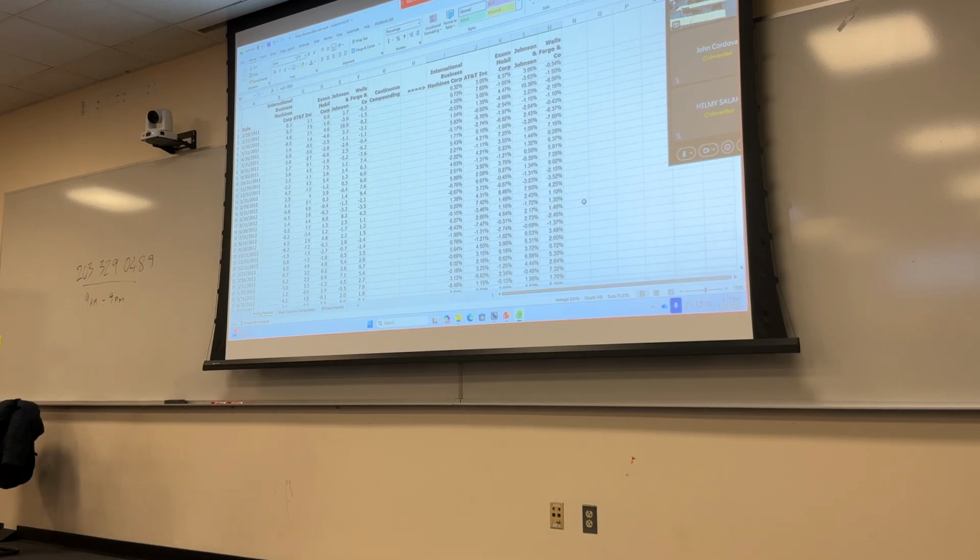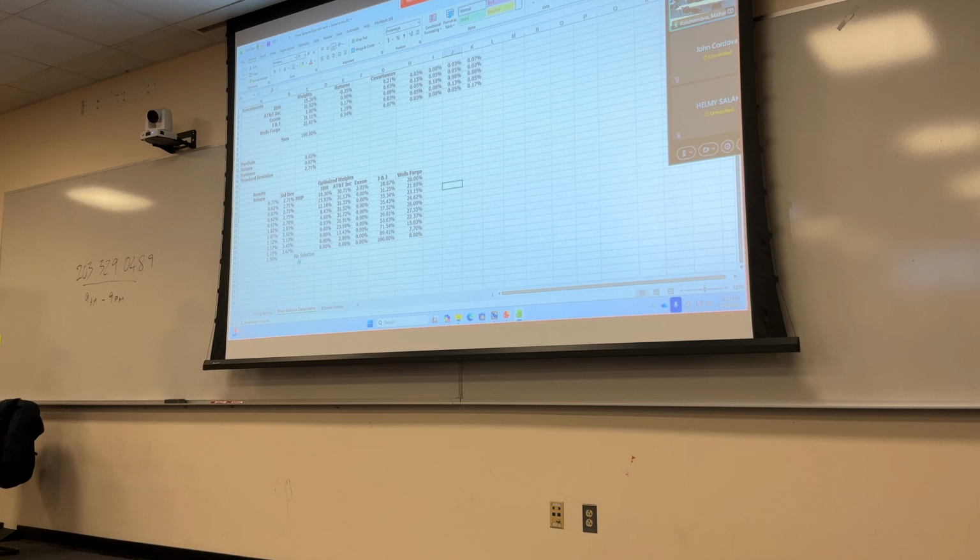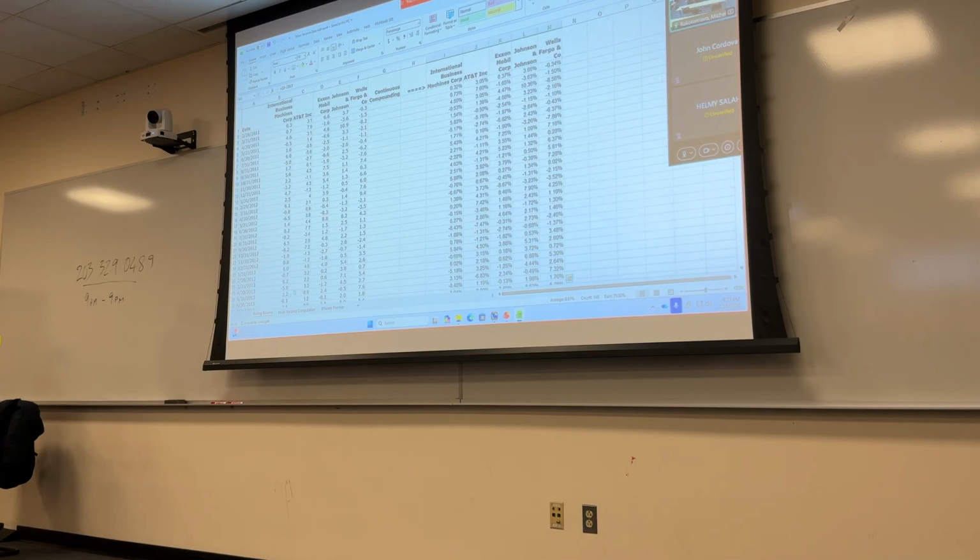As you download it on your laptop, this is the ultimate objective. In terms of picture, it looks something like that. In terms of solution, it looks something like that. I have a whole list of target return and standard deviation, and a list of the weights for the individual stocks, right?